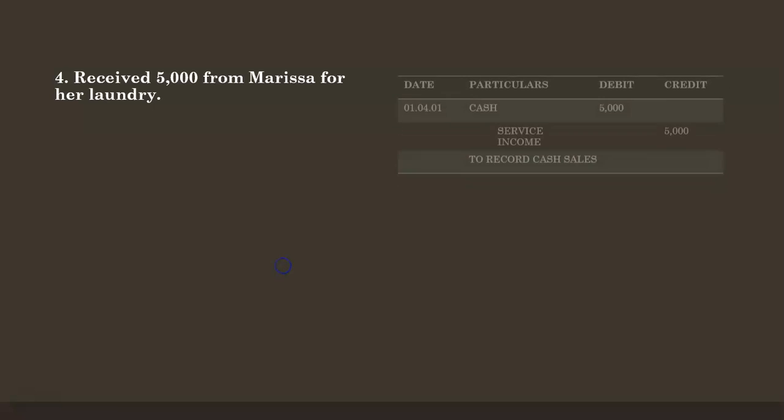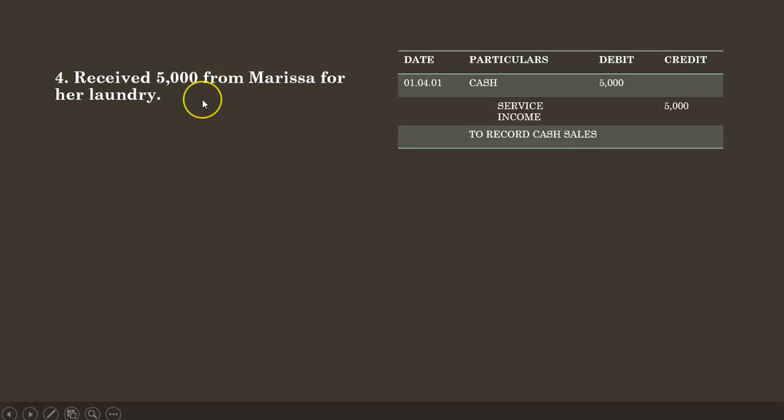Next, number 4. Receive 5,000 from Marisa for her laundry. Wow, here it is. Date January 4, cash 5,000 debit, service income 5,000 credit. To record cash sales. Of course, cash, because Mr. Cruz received the 5,000.